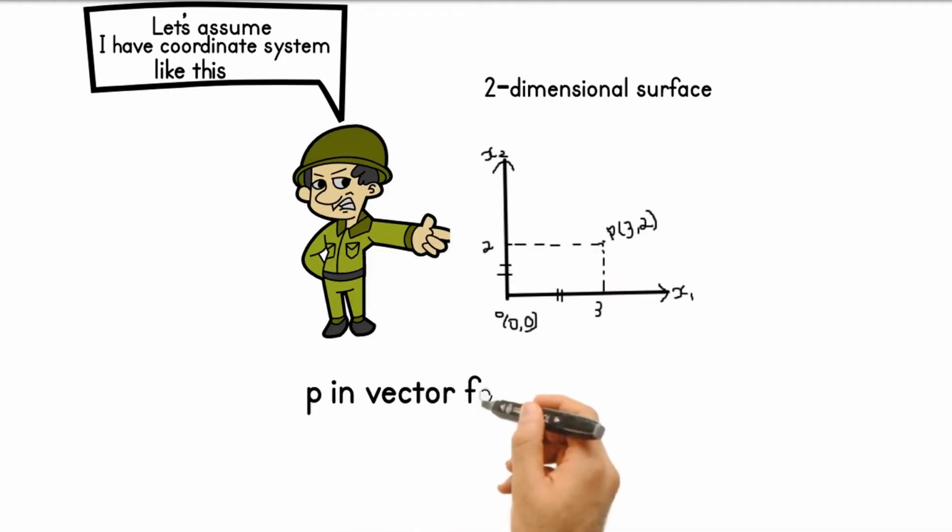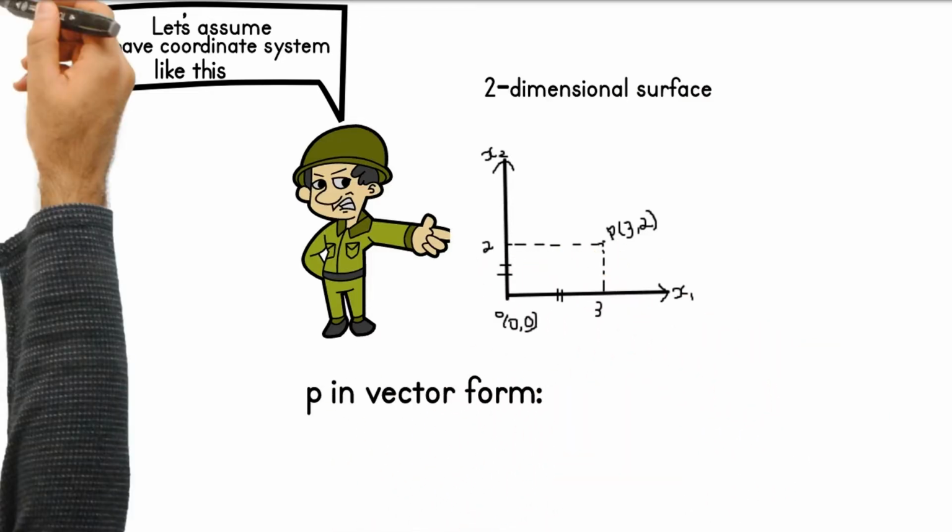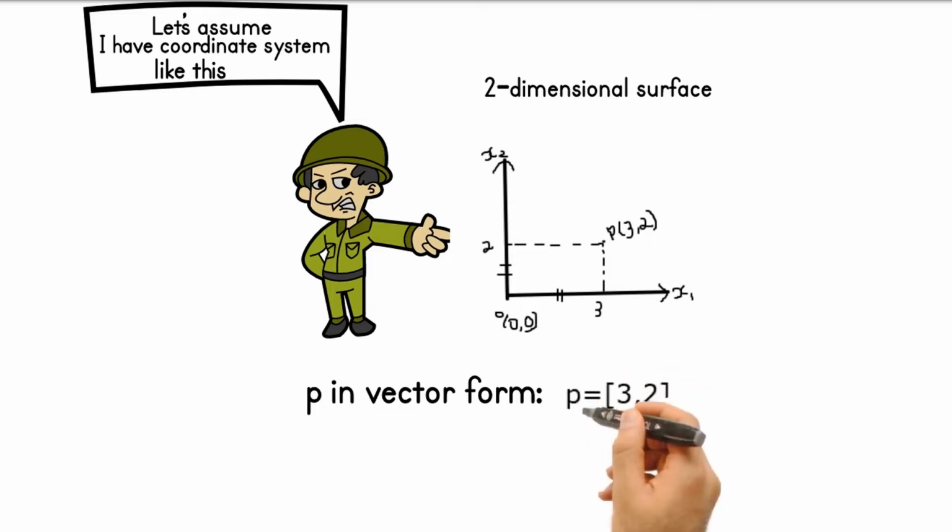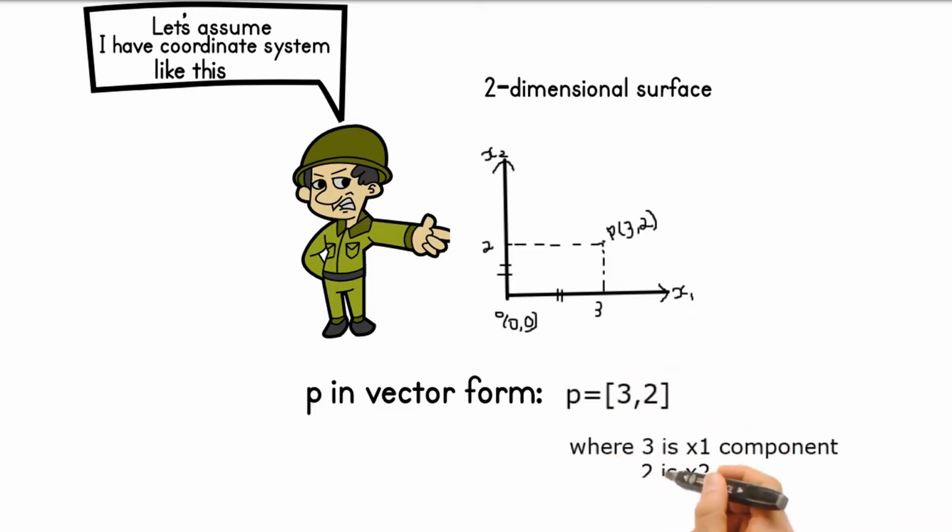This point can be represented with two values. The first value corresponds to how far away this point is. This point is, let's say, 3 units away from origin. Origin basically here is 0, 0. So my point P has two components, x1 coordinate as 3 and x2 coordinate as 2. So this is how I represent a point.